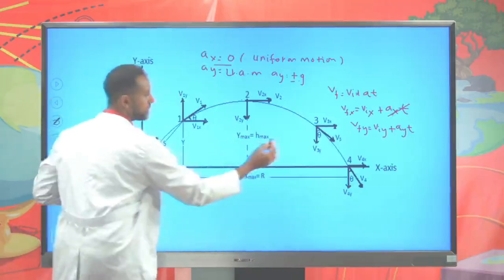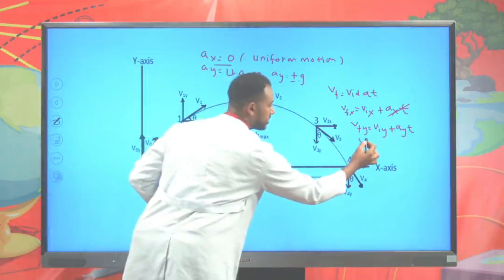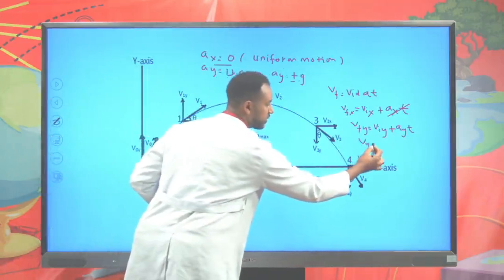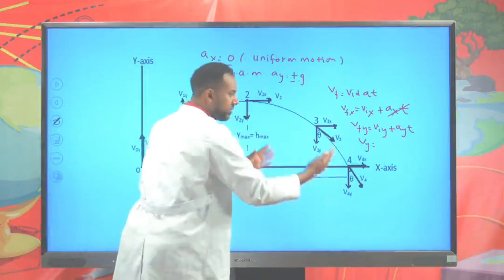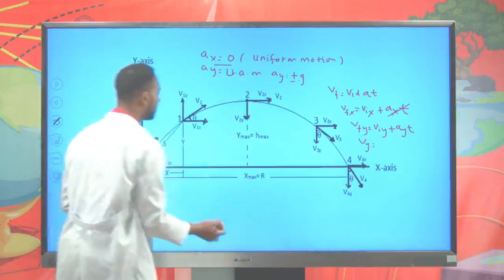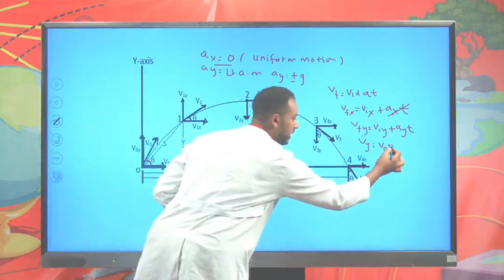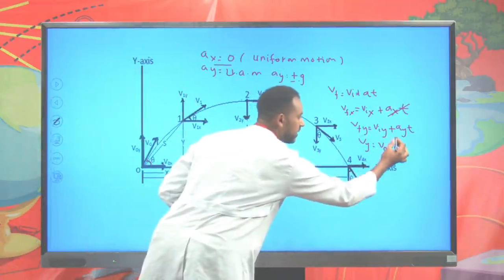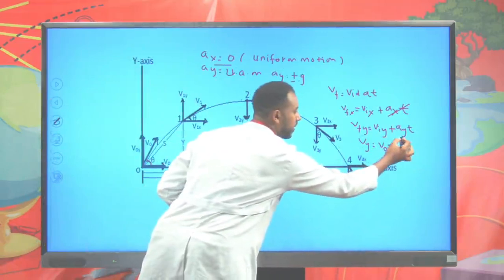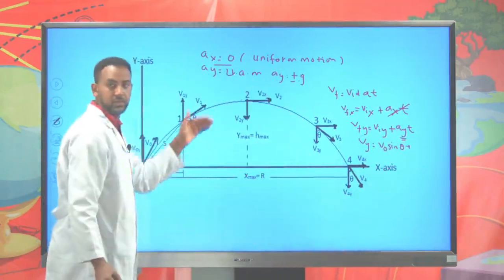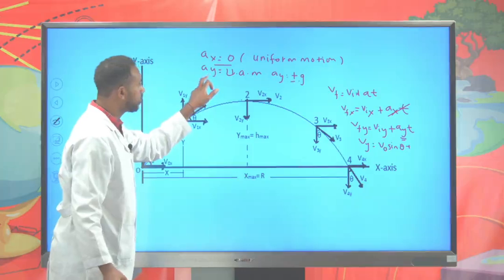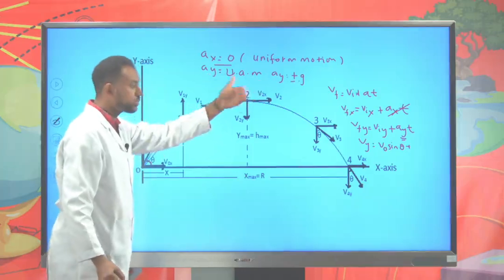Here we have said that v final y, or vy, the final velocity, meaning the velocity at a given time t, has an initial velocity component, previously said to be v naught sine theta, and plus here we have to put the gravity. Acceleration along y is gravity, either plus or minus.